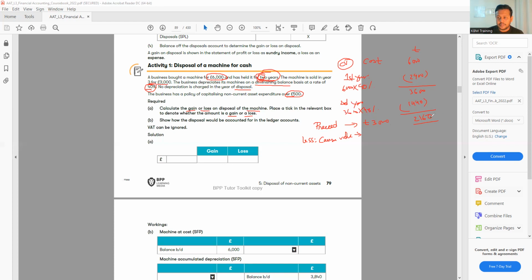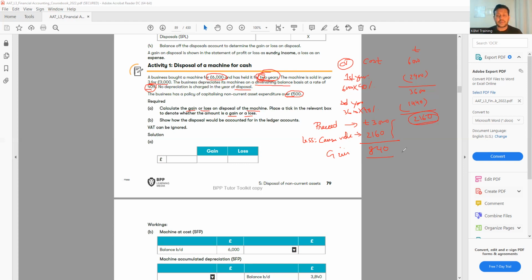So now I'm going to minus this one, 2,160, from my proceeds, 3,000. And this difference is my gain. So the difference between these two is 840. That's the gain. Remember that if my sale or proceeds is more than the carrying value, then it is a gain.